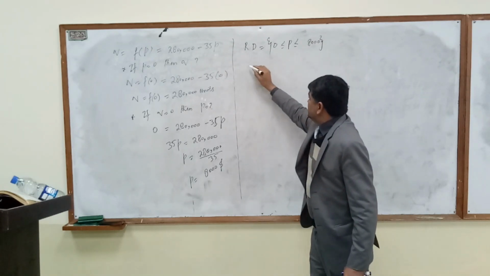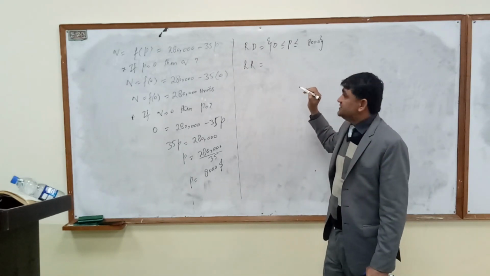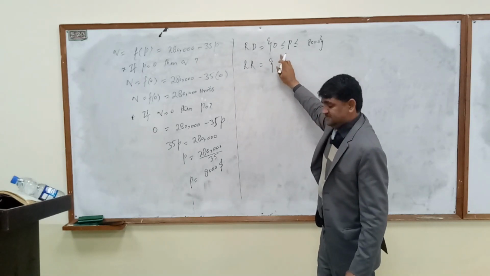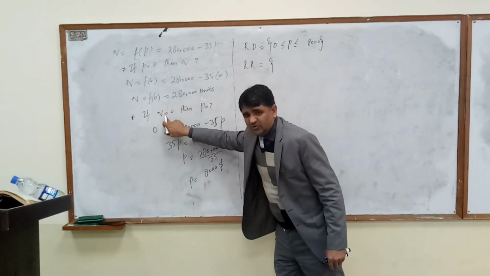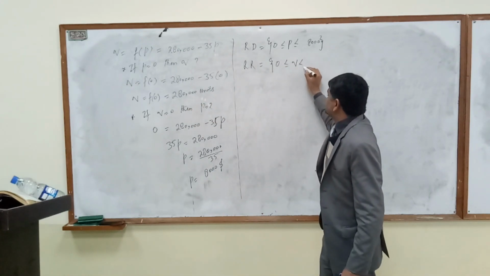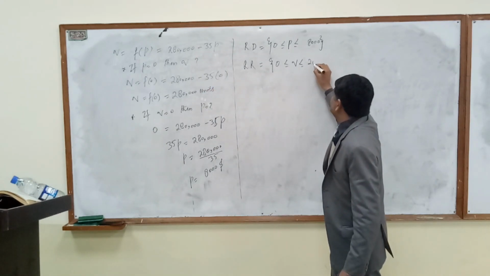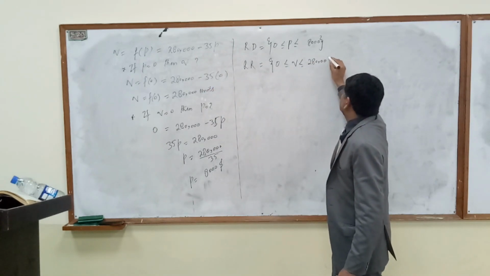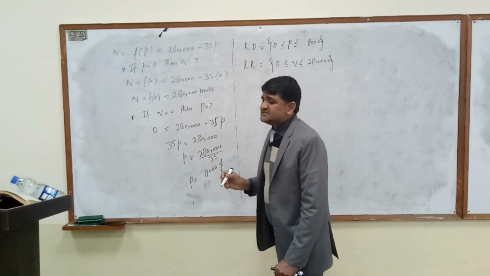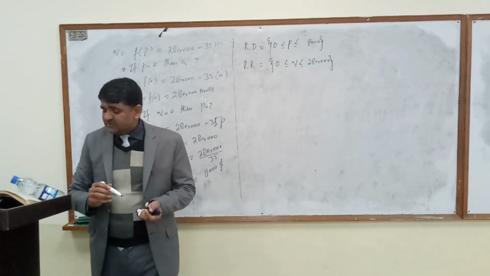And RR means restricted range. Minimum quantity is 0, maximum quantity is 280,000. Concept clear? The question is the same as we did with question number 41.